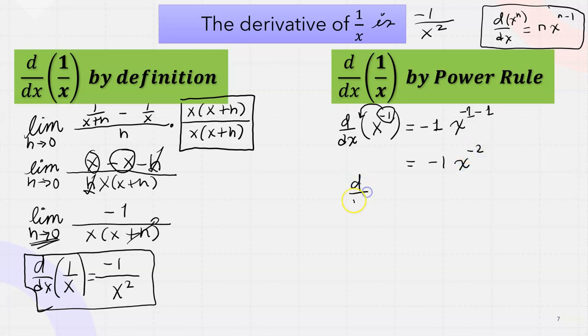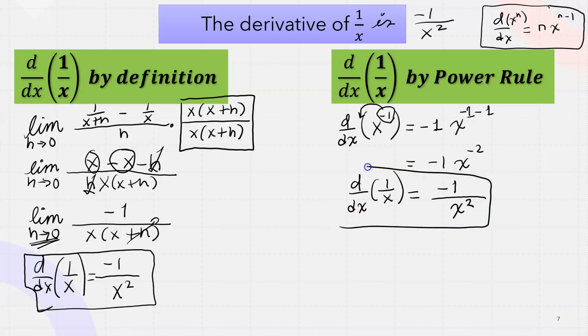But what does it mean to have a negative exponent? That is to keep negative 1 there the same, because it doesn't have a negative exponent. The x to the negative 2 power gets to go down here, and it becomes x to the second power. And that is exactly the same as if you were using the definition.